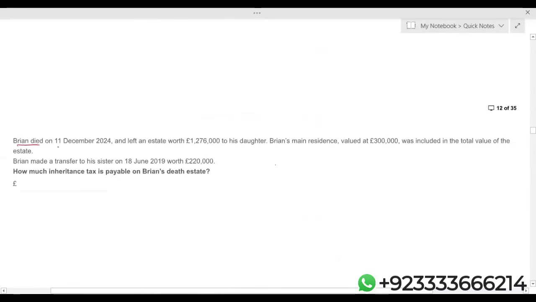Brian died on 11 December 2024 and left an estate worth 1.276 million to his daughter.